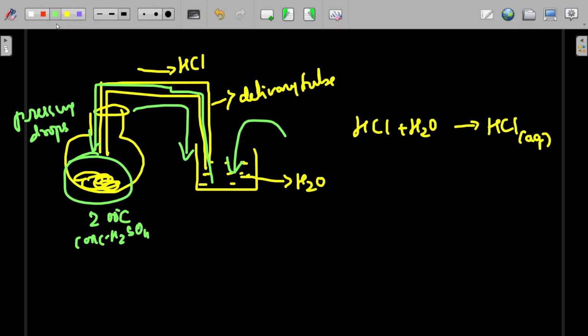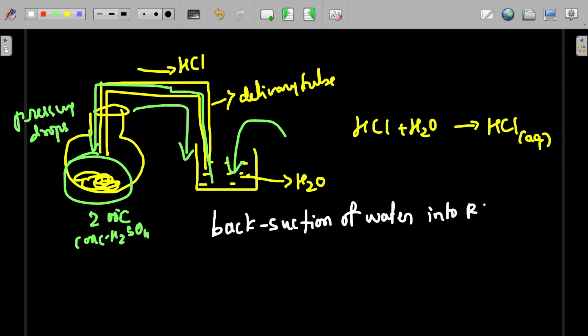We call this kind of going back of the solution back suction of water into the RB flask. This is one practical problem. Okay. So how to solve this problem?